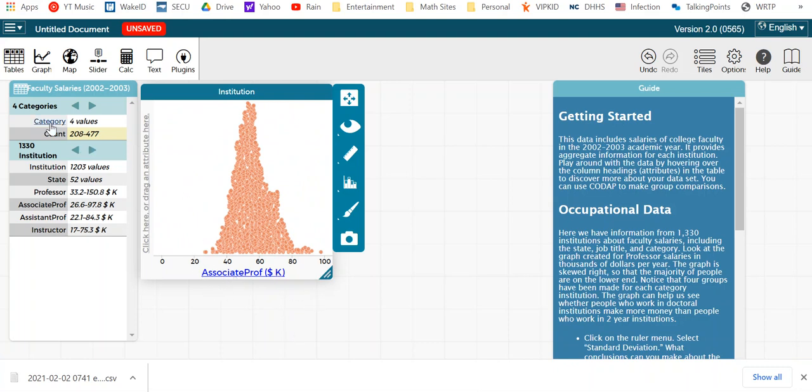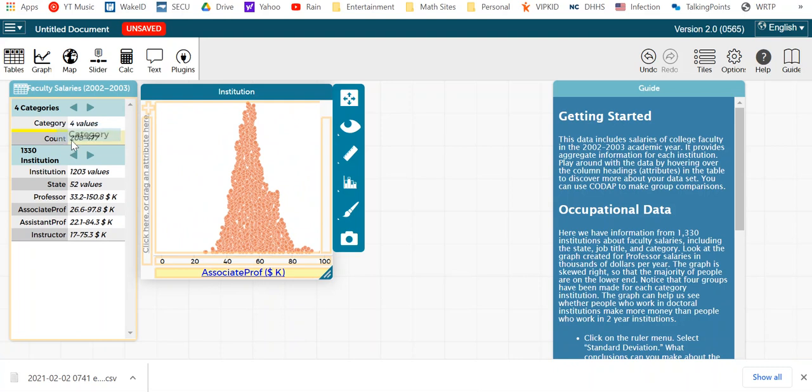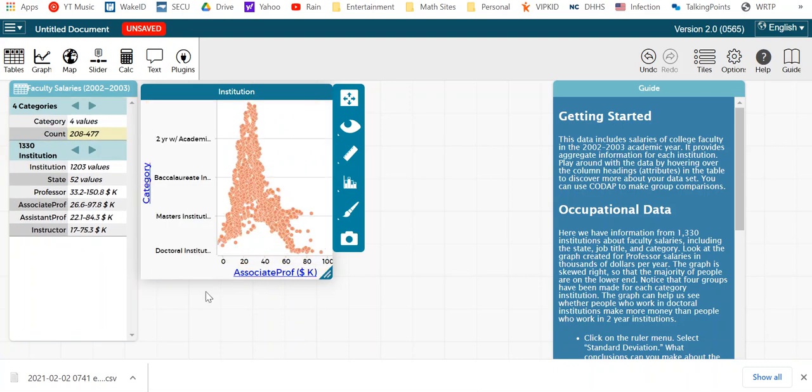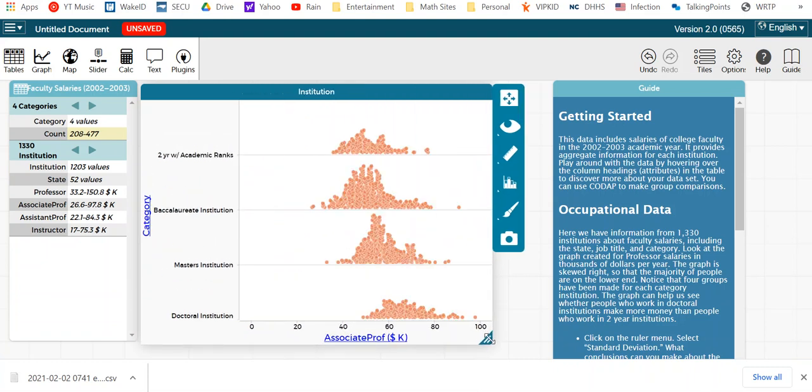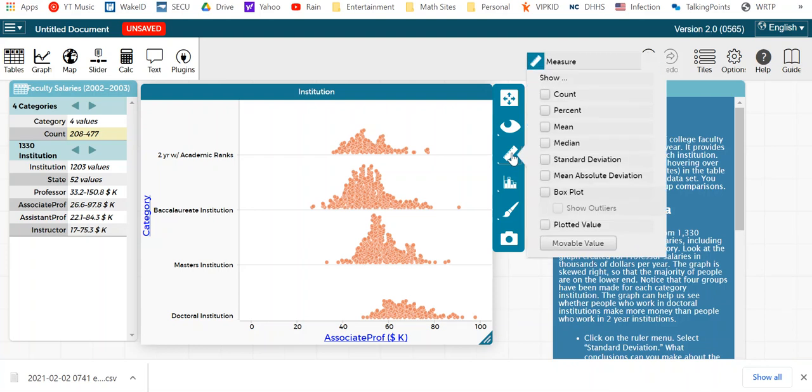Now let's bring in the categories, which separates the ones that are teaching at 2-year versus baccalaureate versus master's versus doctoral institutions. And so I guess a valid question here would be, what is your typical salary for one of these guys?